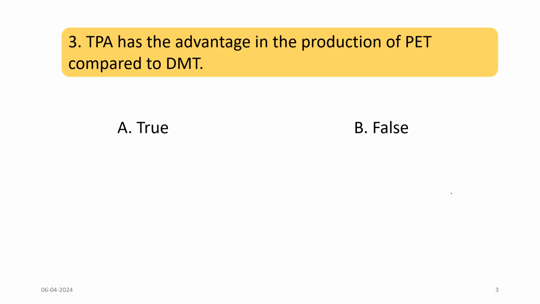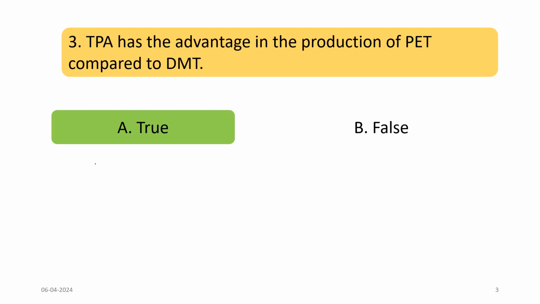TPA has the advantage in the production of PET compared to DMT. Is it true or false? The answer is true because when you use TPA as the monomer, it will increase the production of PET per kilogram.